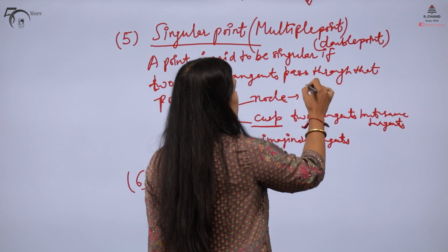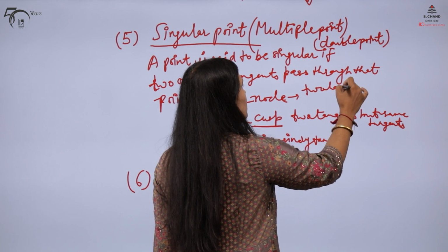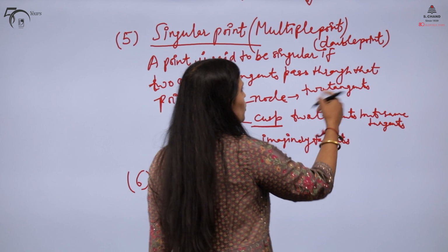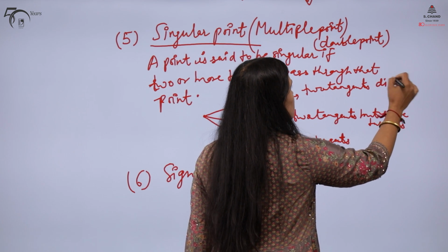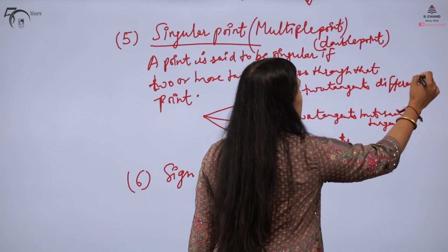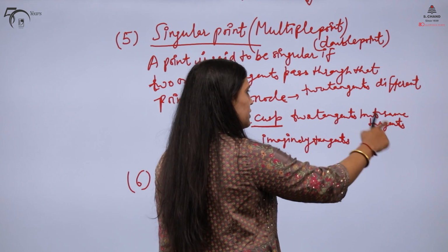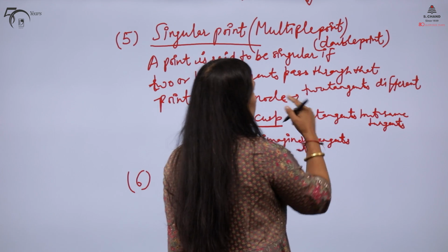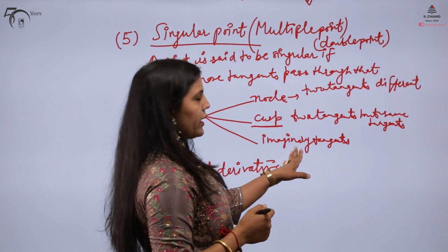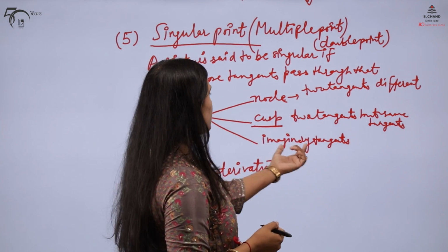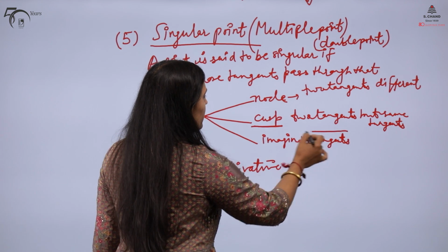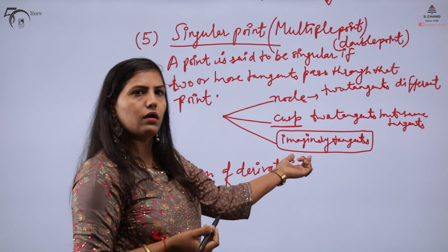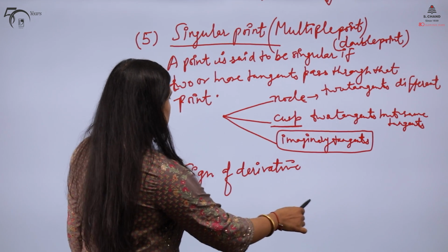Then for a node, two different tangents. If at that point you get two tangents but they are the same, you say it is a cusp. If the two tangents are different, you say it is a node. If your tangents are imaginary, that is the last case. We never consider this point when we trace the curve, because it has imaginary tangents.